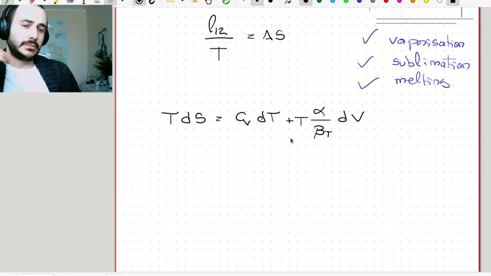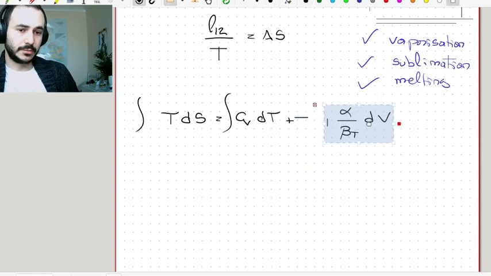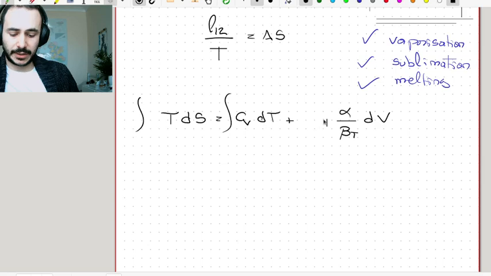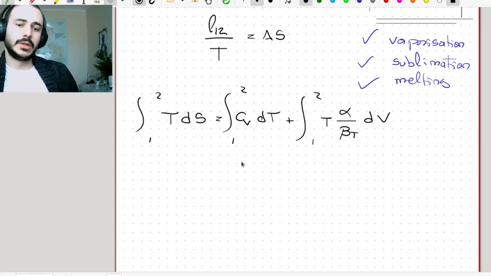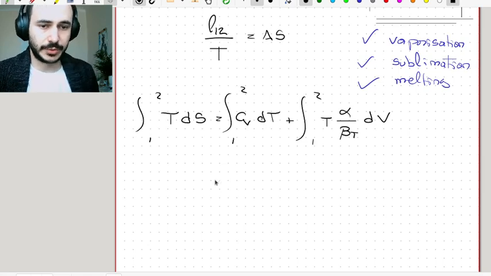So we can try to integrate this along the phase transition, from 1 to 2, from, say, the gas phase to the liquid phase, or the other way around. Now there is an issue when you try to make this integral, so you should always be very careful.